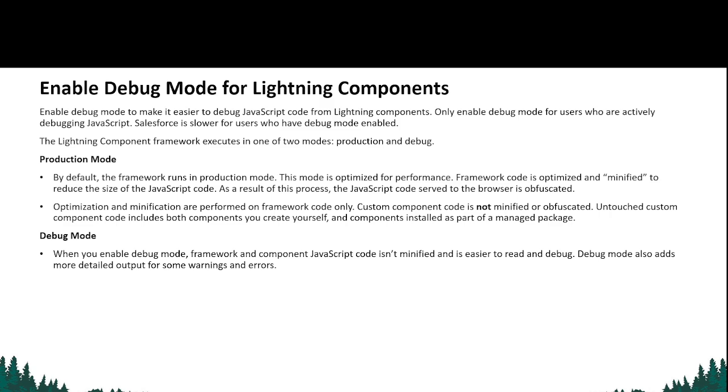Whenever you enable the debug mode, the framework and component JavaScript code is never minified, so you can read it and debug it. The debugging will give you the output as well as the errors and the warnings.